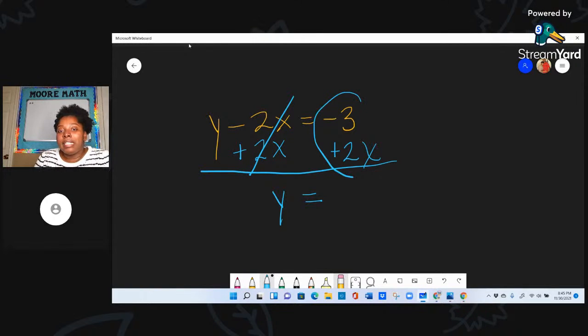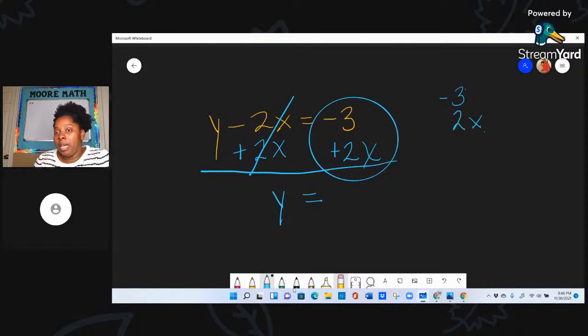And how do I write this ugly thing? -2x and 3. Are they like terms? Can I combine a constant, a number, and a variable together if they don't both have x? No. So how do I write it?